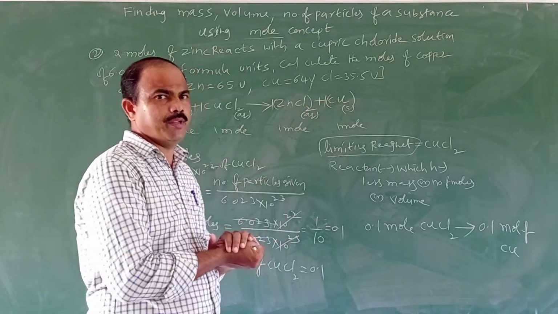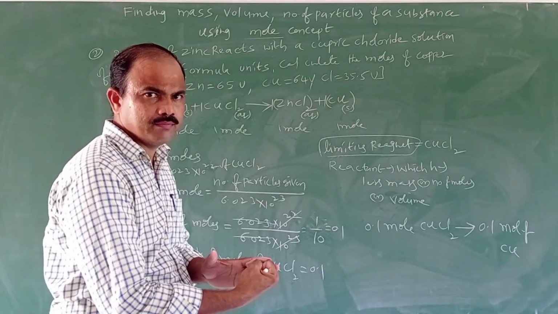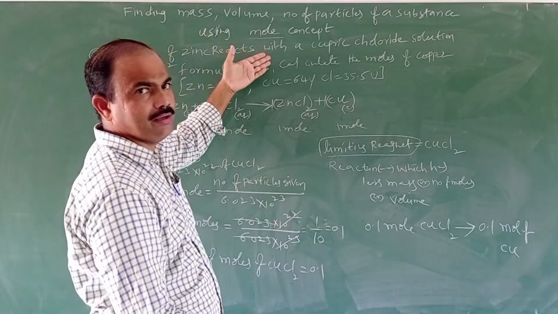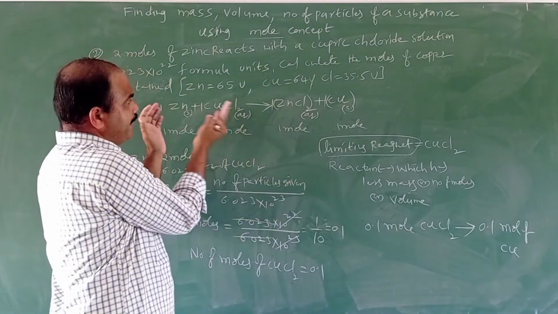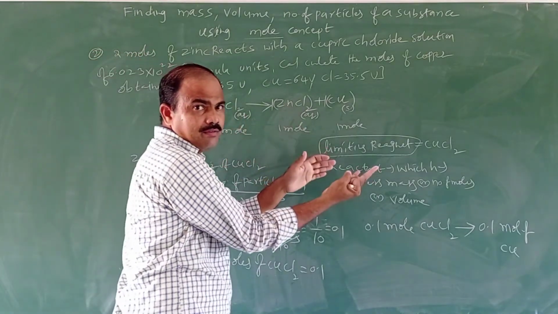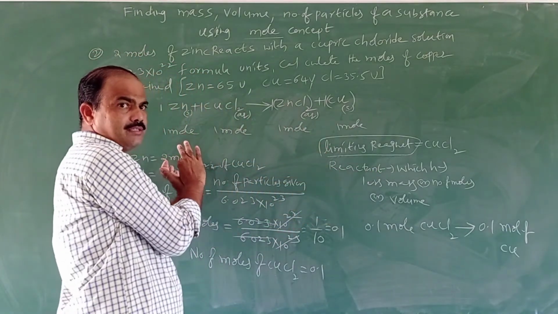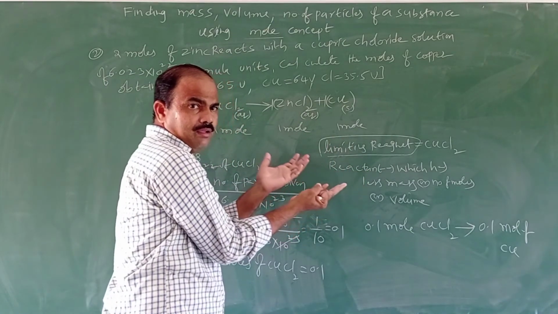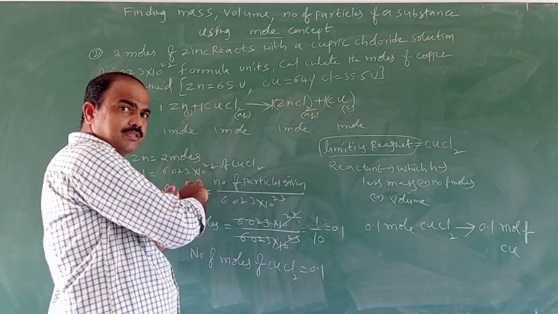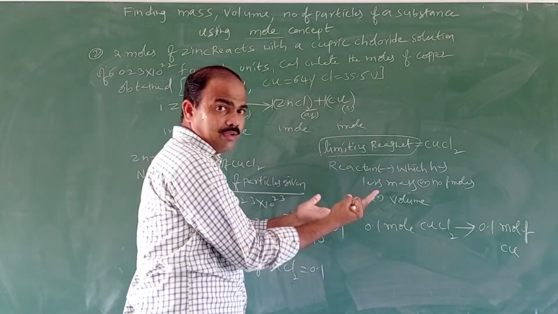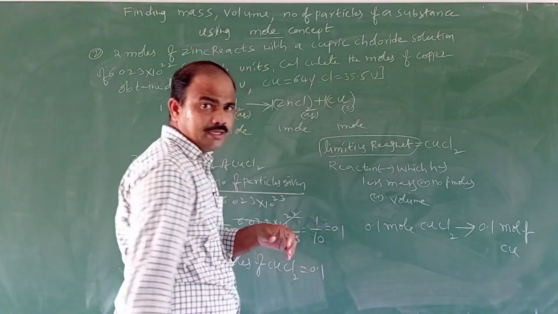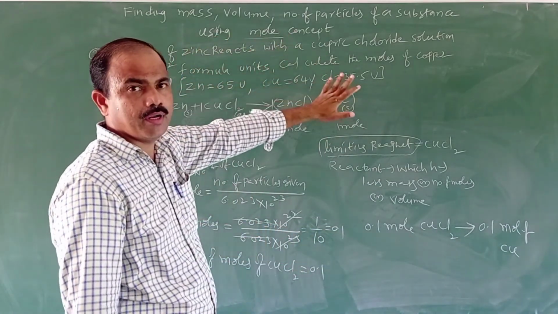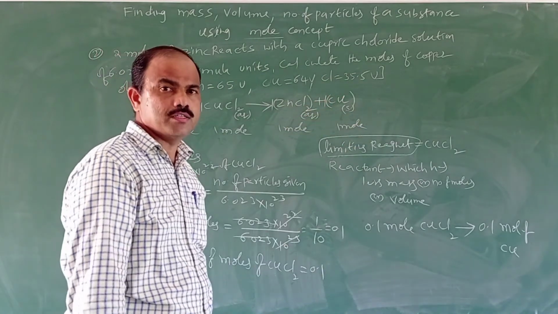That coefficient gives the number of moles. Using that number of moles and the given data in the problem, whether the reactant mass is given or the product mass is given, whether reactant particles or product particles are given, or whether the reactant's volume or the product's volume is given, depending upon that we have to calculate the mass, volume and number of particles using the mole concept.